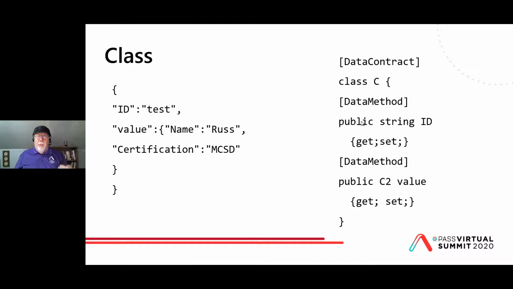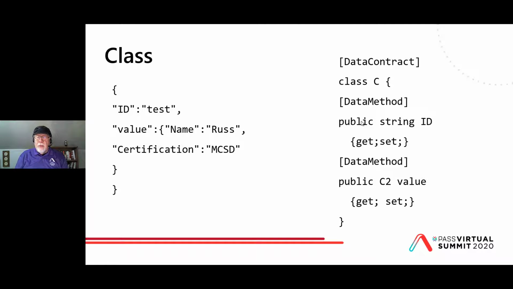Now, every property that you want to be treated as JSON, you have to put the keyword DataMember before it in square brackets. Okay. Now the two lines after DataMember where it says public string ID and then the curly braces and get and set, that's a notation in C# for creating properties. You have to do it a little bit differently in VB.NET.